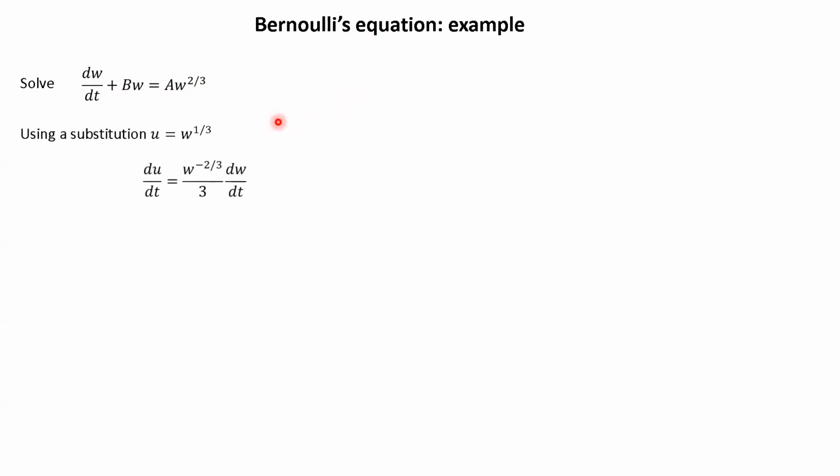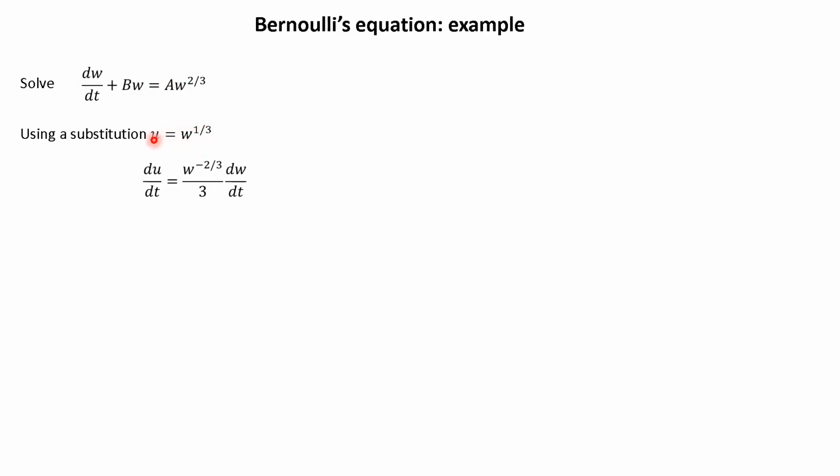So what is the trick? Whenever we see w to the power n, we have u equals w to the 1 minus n. Here n is 2 divided by 3, so 1 minus n is 1 divided by 3.